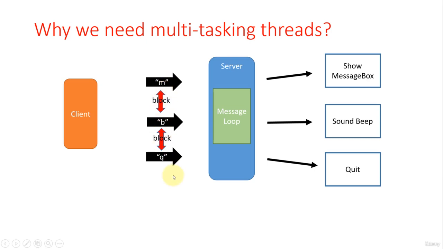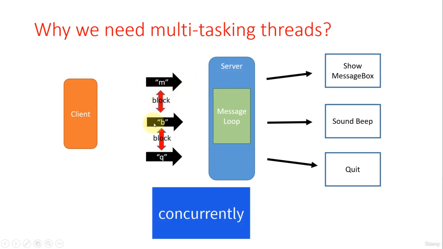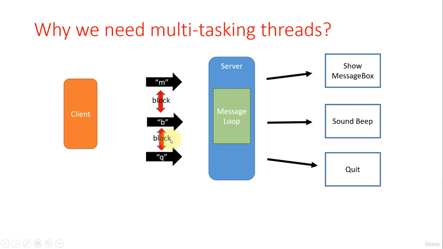So that is a distinct disadvantage for the server. It would be ideal if we can have a server that can process messages concurrently at the same time without having to wait for the first one to complete.